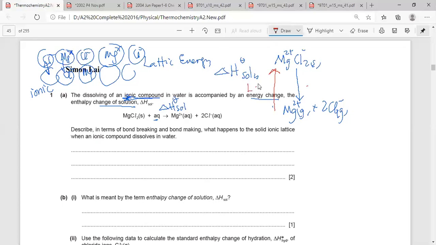Is it lattice energy? Because the definition of lattice energy is the heat change when 1 mole of the ionic compound is formed from its gaseous ions. So this way is called minus lattice energy. You must put the minus in front here, or some books call it the reverse lattice energy. You must know when to use it.